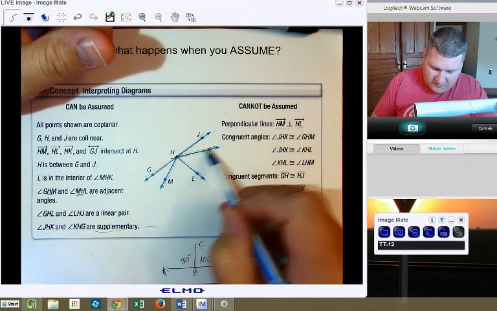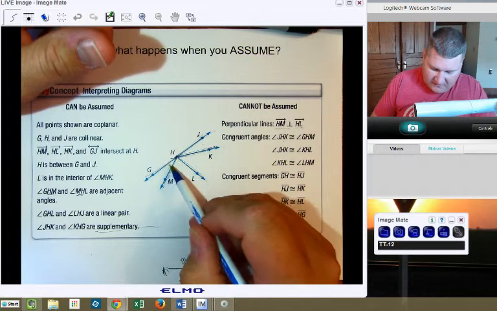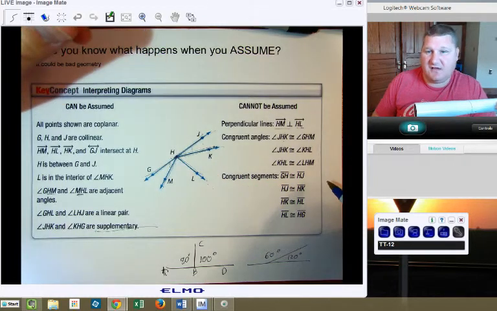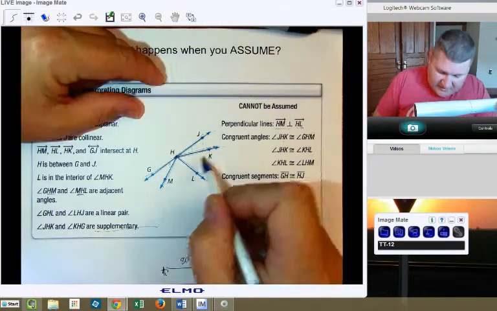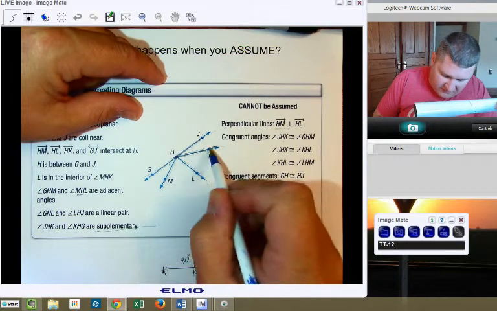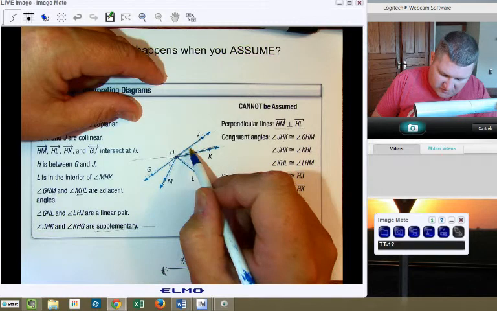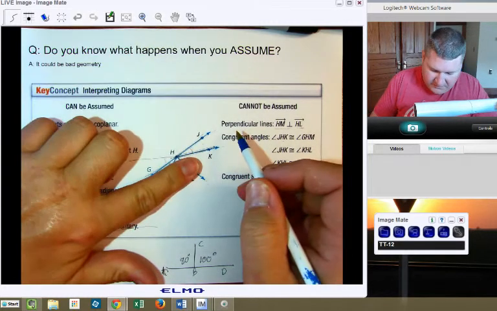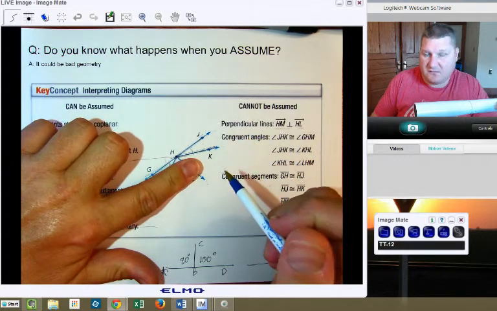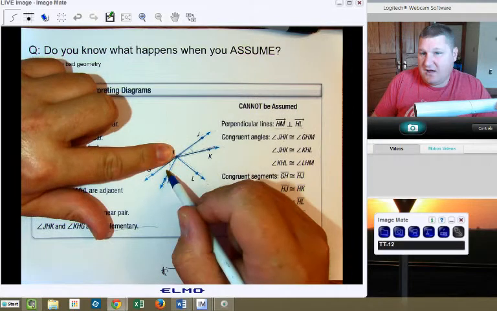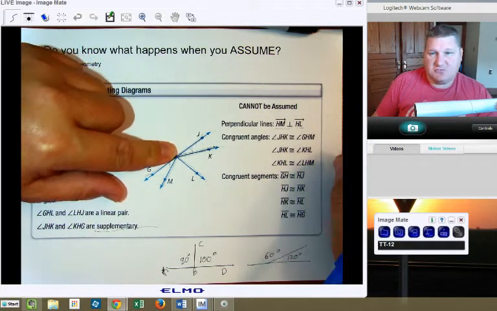We do not know these are congruent angles. This and this are not necessarily the same size. Why? Because they're not vertical angles. If I were to stretch this line through here, I could assume this angle and this angle are equal because they would be vertical angles. But this and this are not vertical, meaning we can assume nothing.